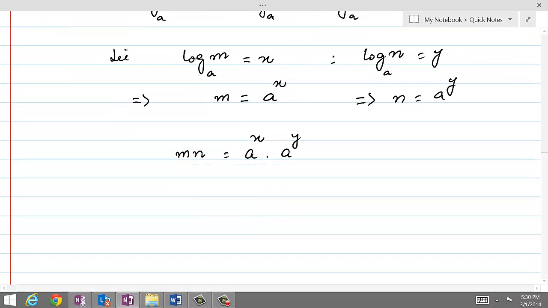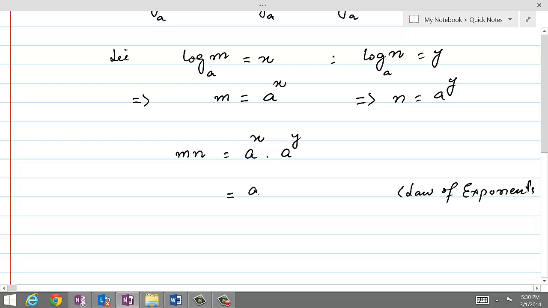And we will use the law of exponents, which states that the product of two exponents with the same base is equal to the sum of the exponents with the same base. Like here we are using the law of exponents, which states that it is a power x plus y.